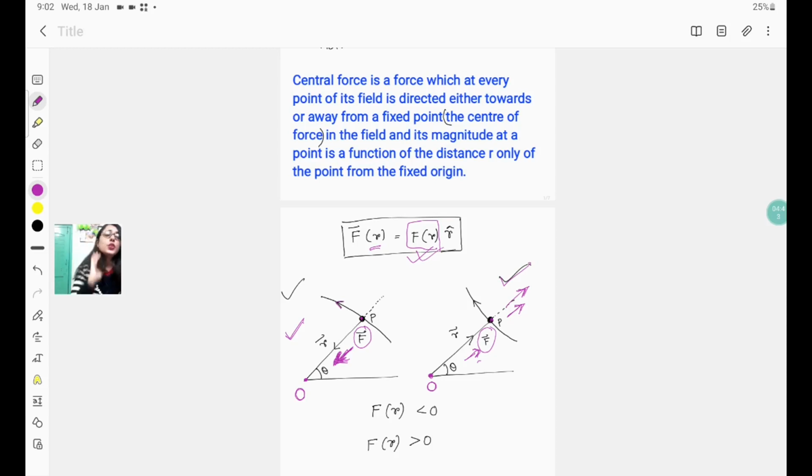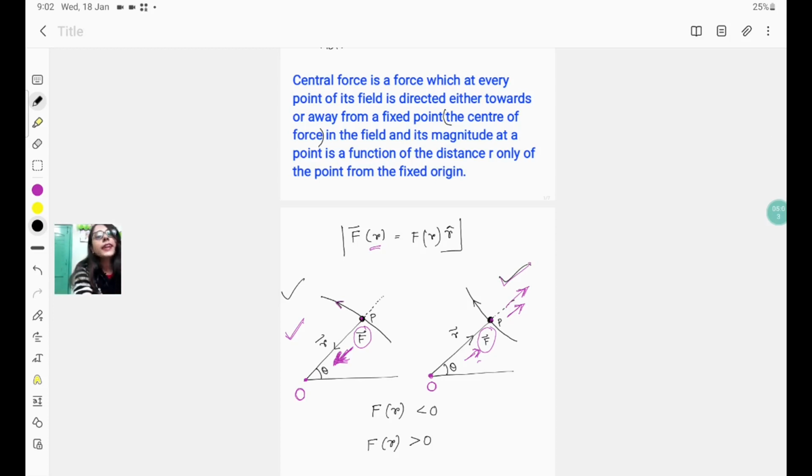Okay, so this central force is basically a force which only depends on the position vector, or the distance r, and the direction of the force is always acting away from or towards a fixed point.